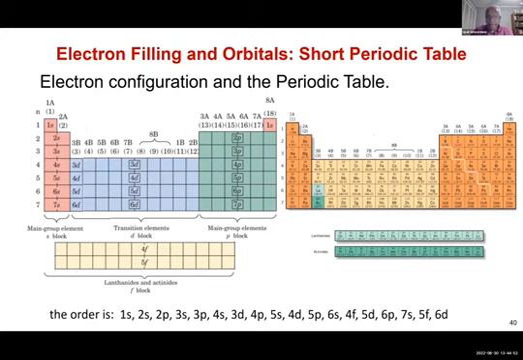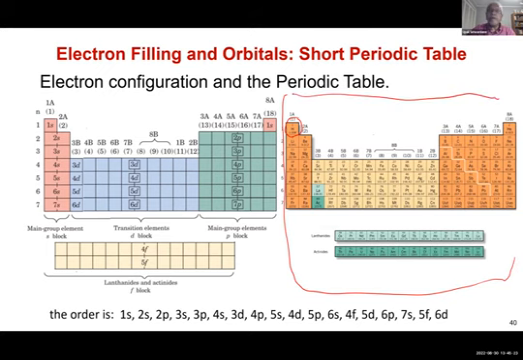Now let's look at how we get the electronic configuration for hydrogen. If you look at hydrogen, it is here. Do you see that I circled the hydrogen? This is the periodic table that we described, the periodic table normally found in the world.